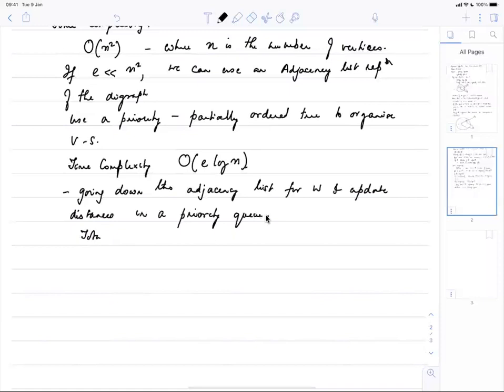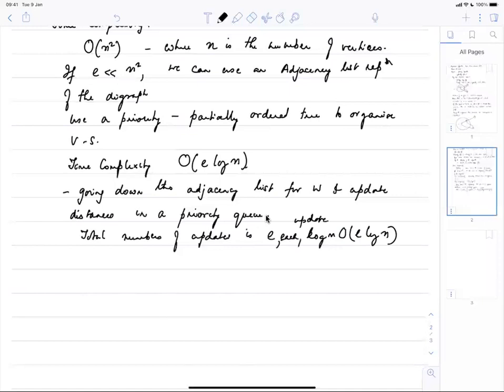Total number of updates is E. Each update costs log n. Therefore, we have E log n. Okay. So it's possible to get an order E log n algorithm for solving Dijkstra.